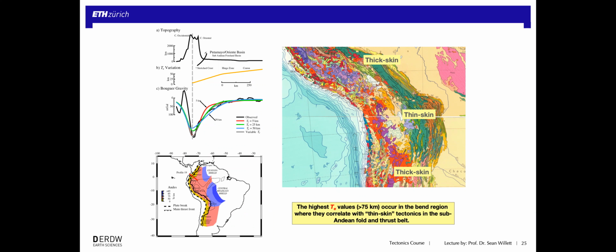But as the Andes thicken, they begin to form a fold and thrust belt out on the eastern side of the Andes. So here we have crustal thickening and shortening due to compression of the South American plate. And that results in vertical loading that is flexing down the South American plate and giving us a foredeep on this side with a fold and thrust belt on this side.